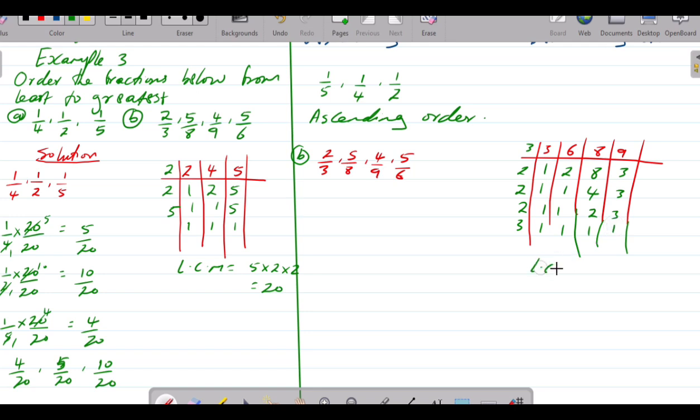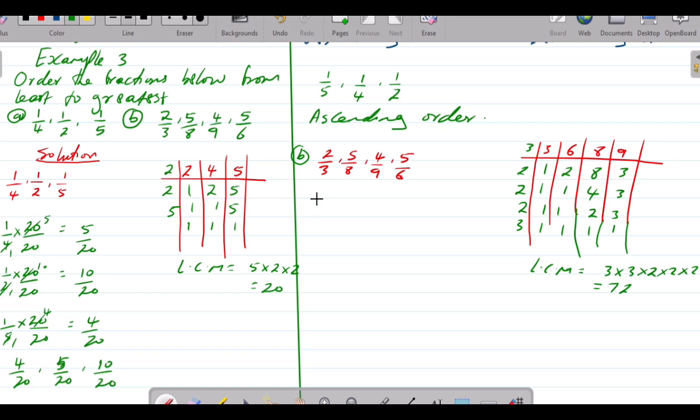So my LCM now is going to be equals to 3 times 3 times 2 times 2 times 2. So 3 times 3 is 9, 9 times 2 is 18, 18 times 2, that will give us 36, 36 times 2, that will give us 72. So 72 is our lowest common multiple.